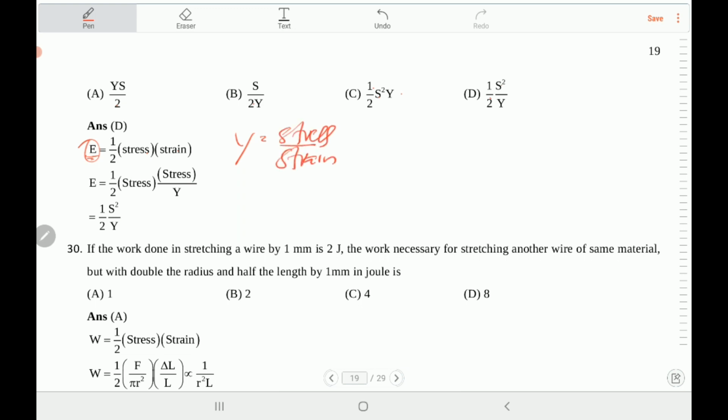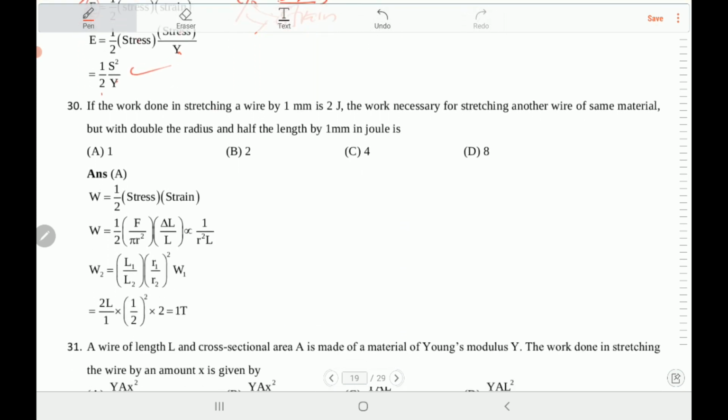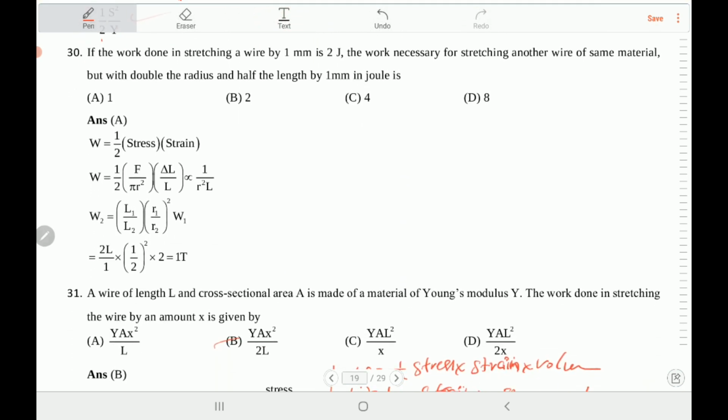If you solve for stress, it becomes strain into Y. If you solve for strain, it becomes stress by Y. You just transfer this way. So strain is stress by Y, and half into stress square by Y, because he wants it expressed in stress. They have taken stress as S, so S square divided by Y. Very simple substitution.